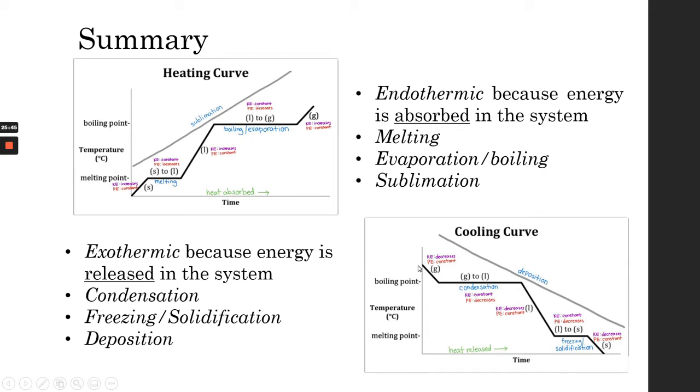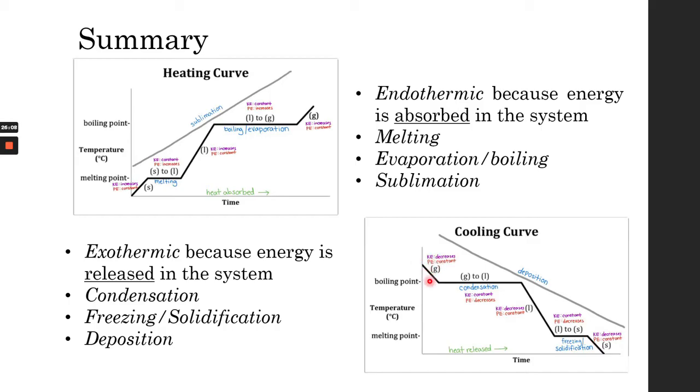We start at a higher temperature, and the beginning phase of our substance is gas, and then as energy or heat is being released, the kinetic energy is decreasing, but the potential energy is constant.